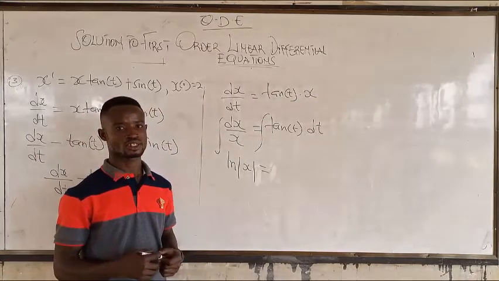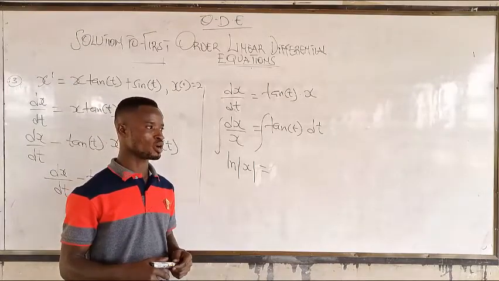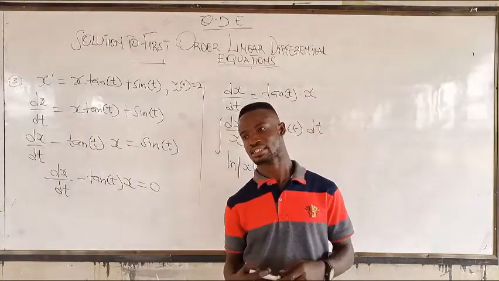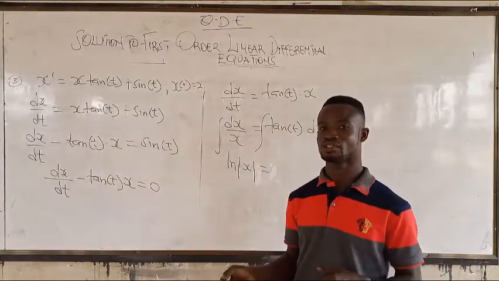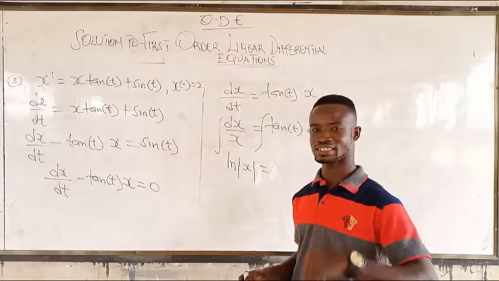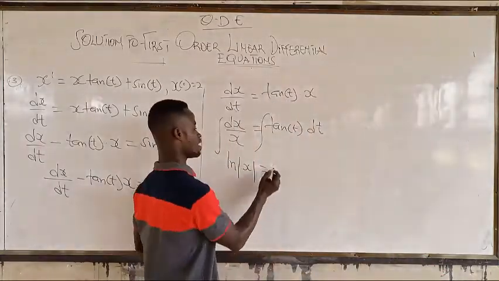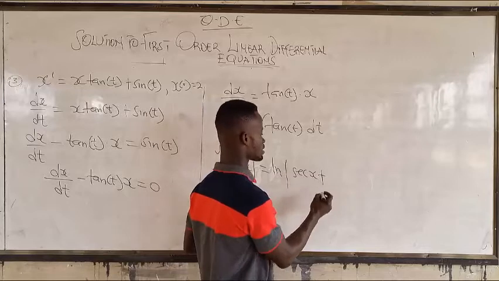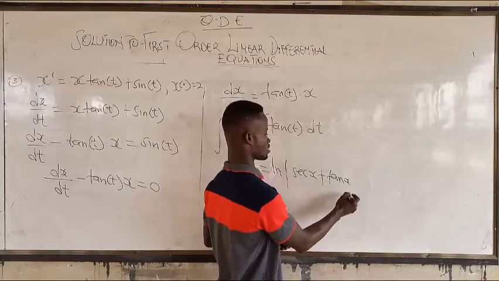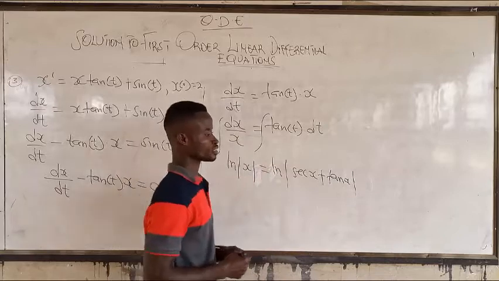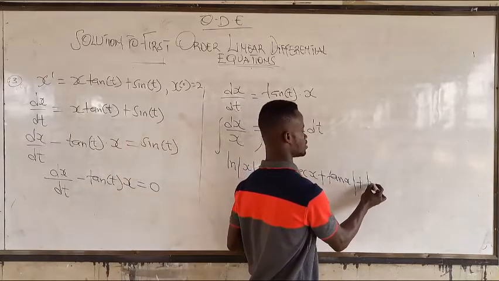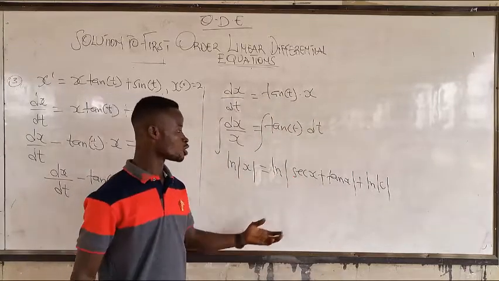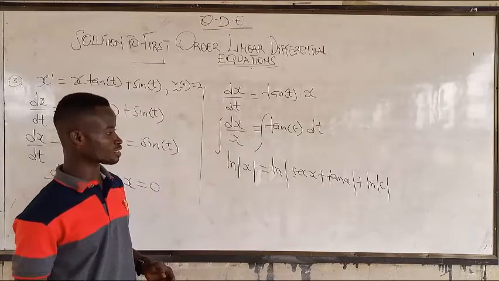In case you can't remember, when you differentiate sec x, you get sec x tan x. But the integral of tan x is ln sec x, plus ln c. That is plus c, then you make it ln c. So that is that for that.